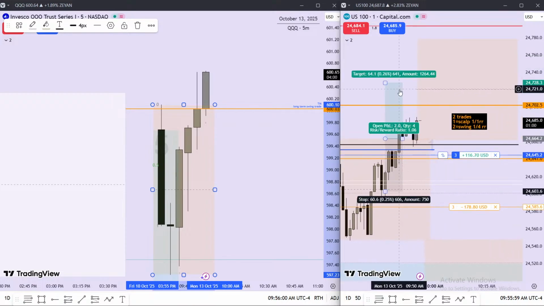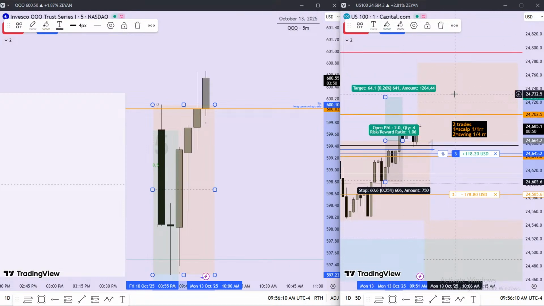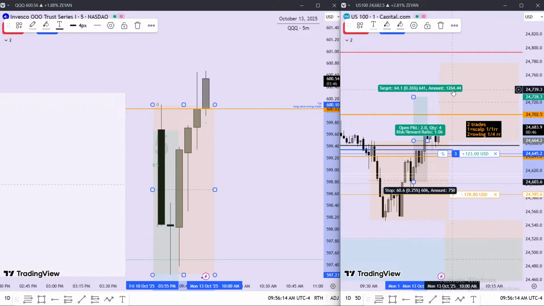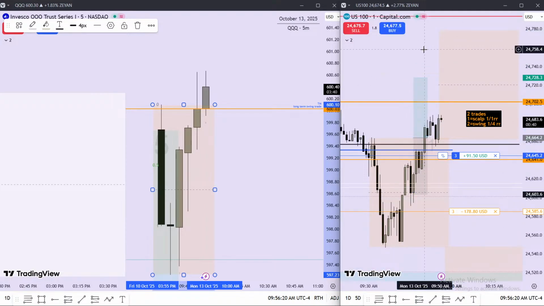So on the scalp trade, I'll be getting out at 1:1 risk to reward ratio. On the swing trade, I'll basically let it run for 2 or 3 days if it allows me to. But I'm covering up for my stop loss, taking the scalp.